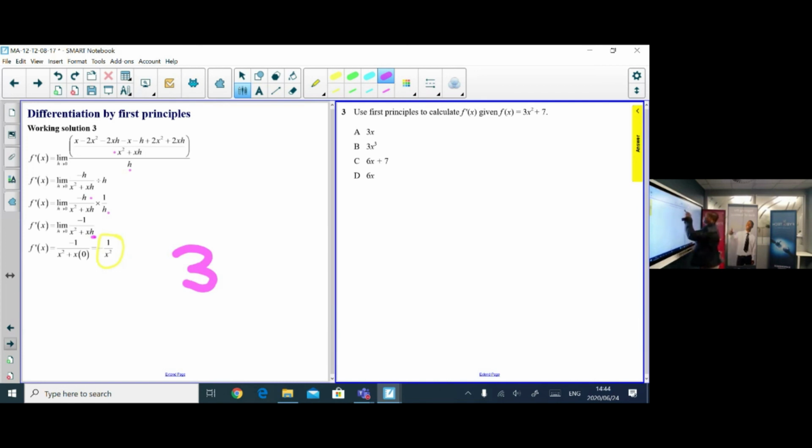But the moment your question says first principles, tell yourself that you need about 5 minutes to work that particular question and do it correctly. Put your formula down and do the working and get to your final answer. So that's the gist of the matter here.